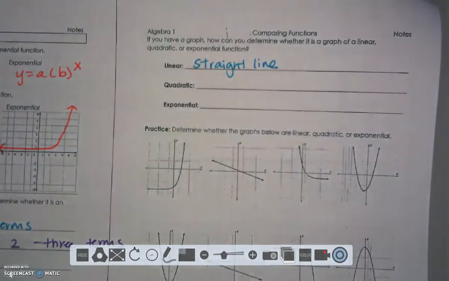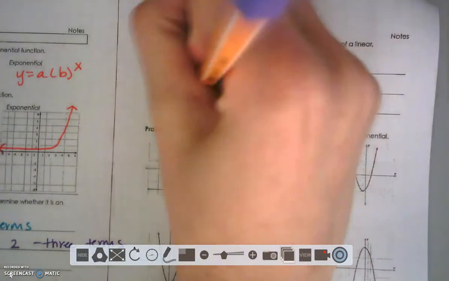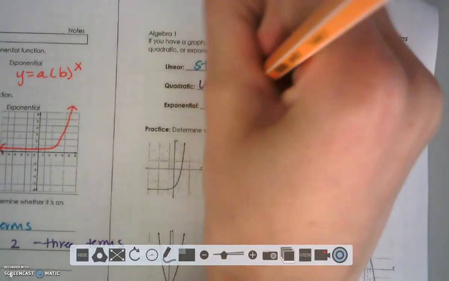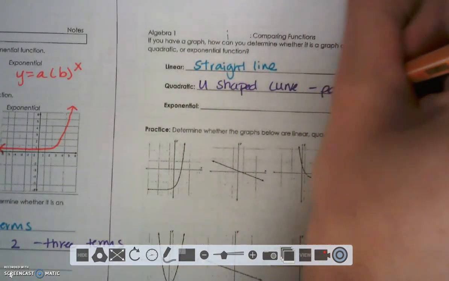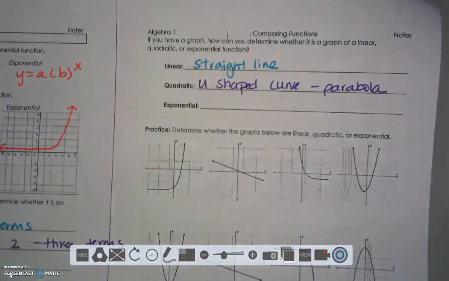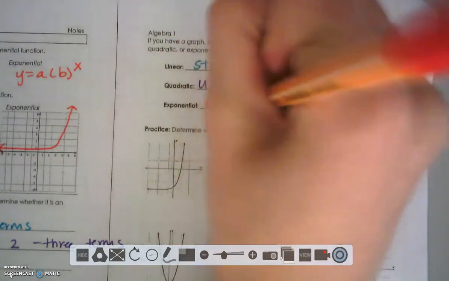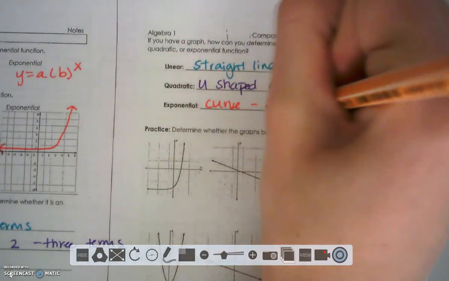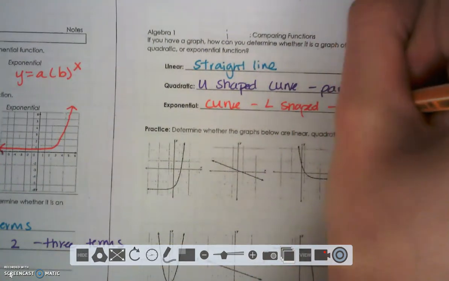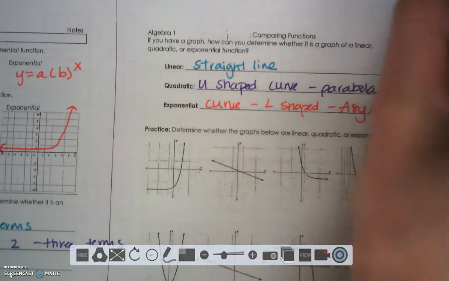A quadratic is a U-shaped curve, which is called a parabola. And our exponential function is a curve, more L-shaped, and I should have a distinct picture of the asymptote.